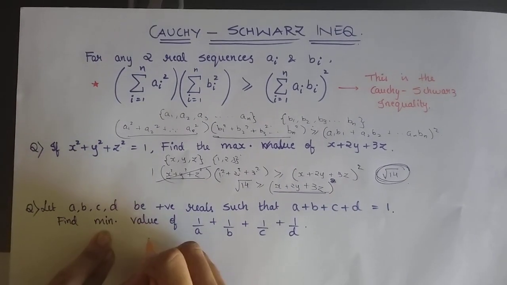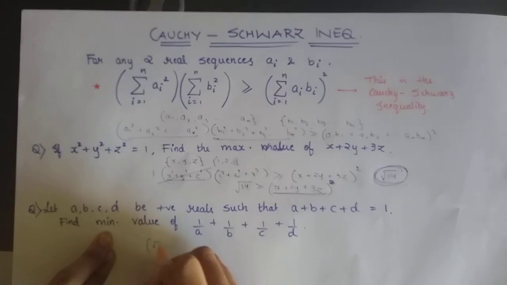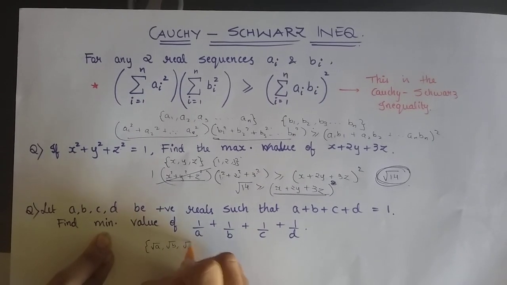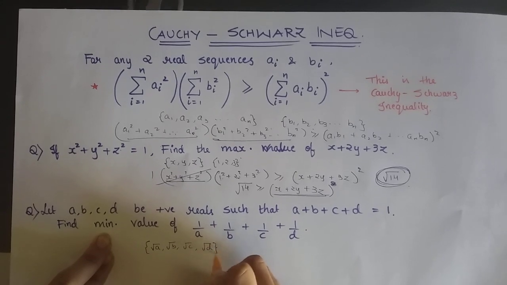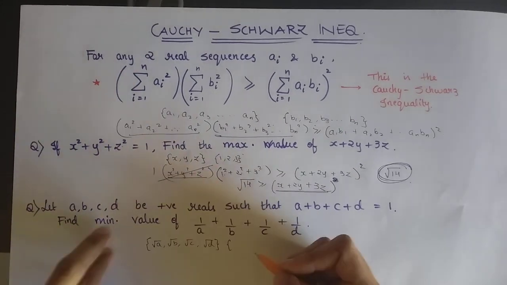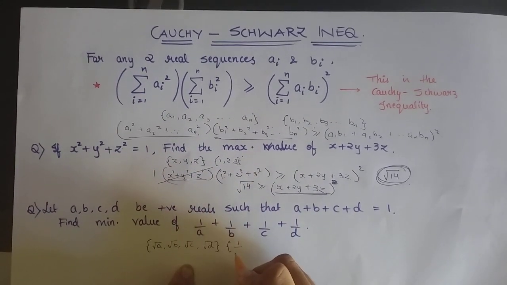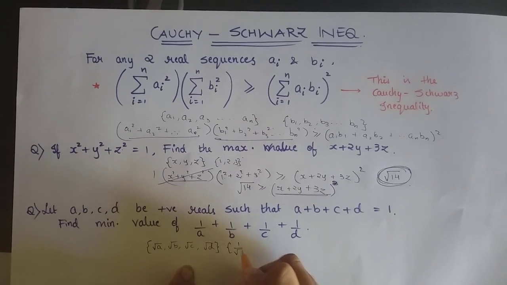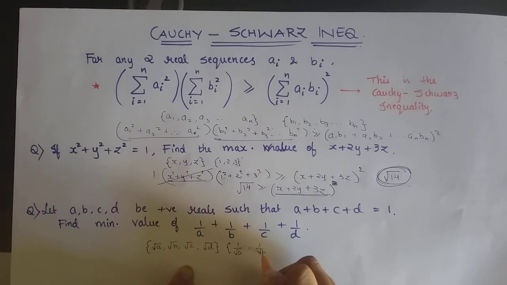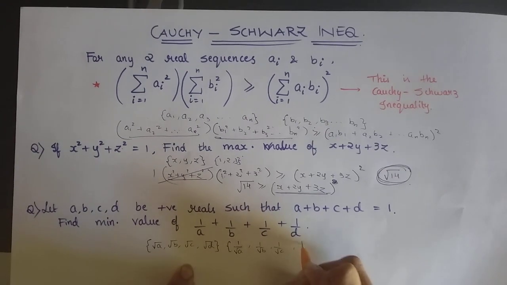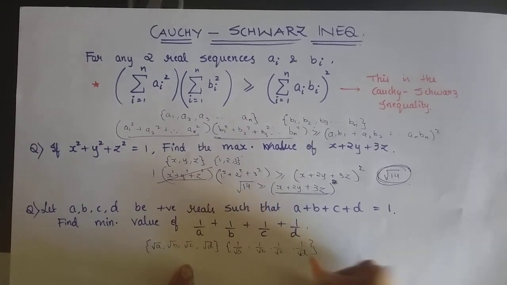So let's consider the sets root a, root b, root c, root d. I hope you are getting where I'm going in this problem. And the second set is 1 by root a, 1 by root b, 1 by root c, and 1 by root d, right?